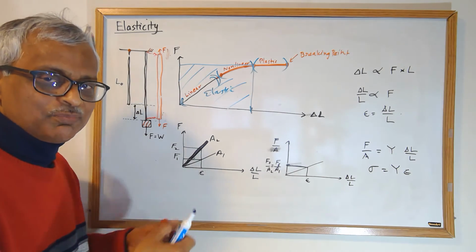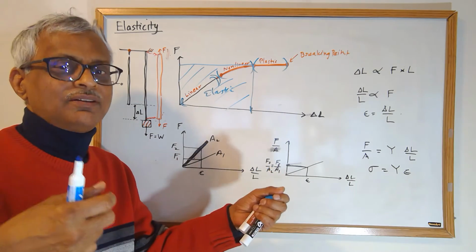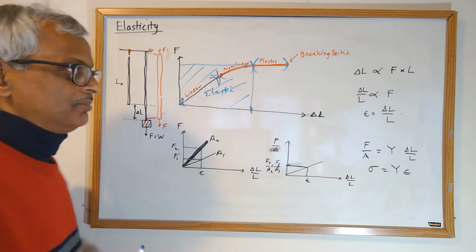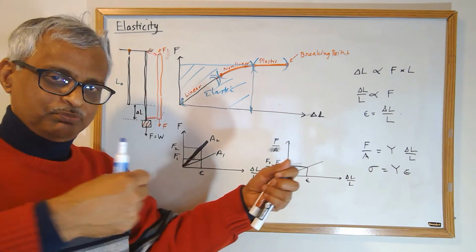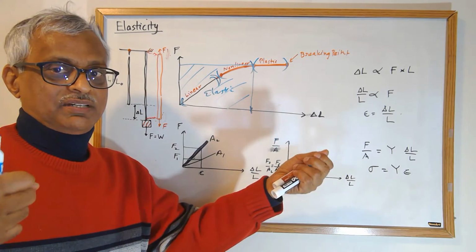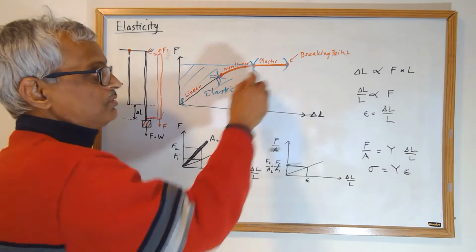You might have played with a spring, pulled it, and then eventually let go, and it's not going back. It just maybe goes partway. Same thing happens with a wire. If you pull beyond a certain elastic limit, it just gets longer. It doesn't go back to the original length. So that's called the plastic region.